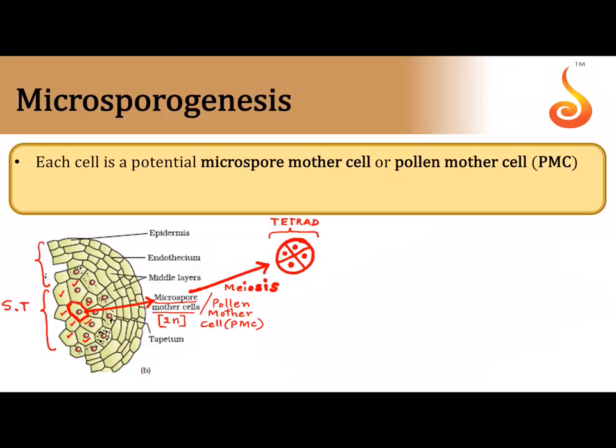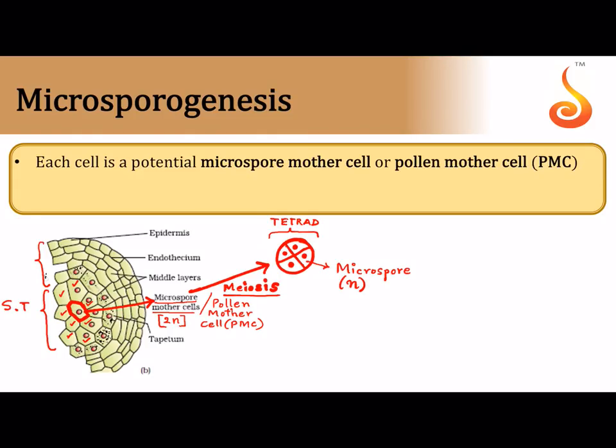And what is each daughter cell referred to as? Each daughter cell is referred to as a microspore. And this microspore has now become haploid. Why has it become haploid? Because it is a product of meiosis. And who underwent meiosis to form this cluster of 4 haploid microspores? It is each cell of the sporogenous tissue.